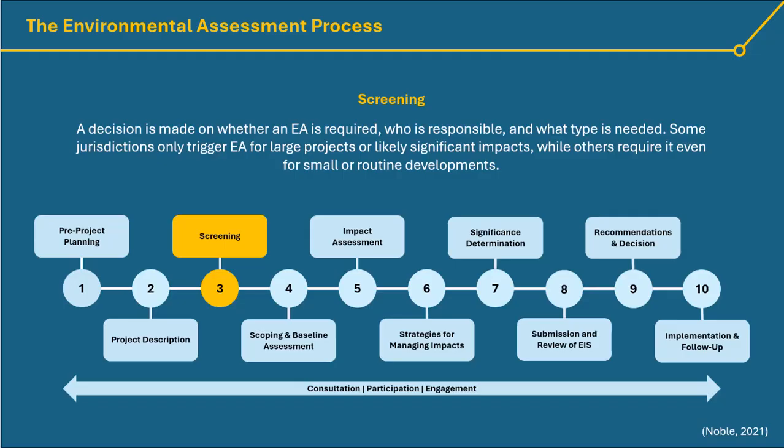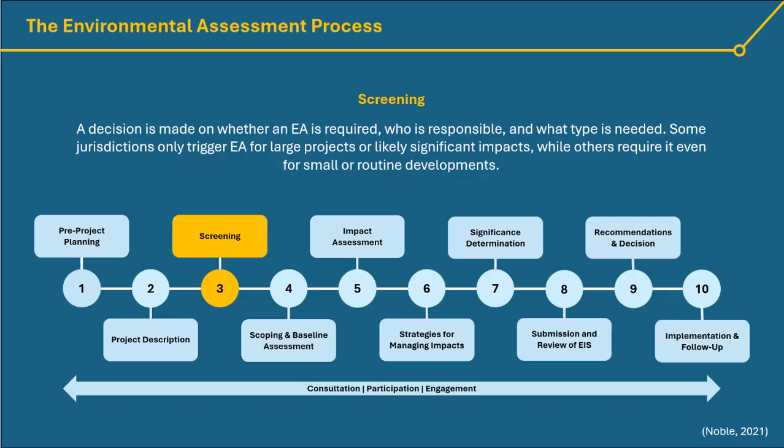And some projects that are put through are just going to be automatically subject to assessment, like mines above a certain size, while others are going to be subject to more discretionary screening processes. So in Canada, screening can lead to a few different pathways. So there's a federal impact assessment, right?